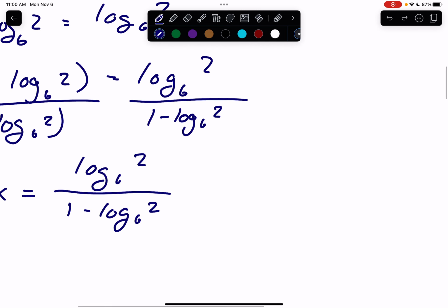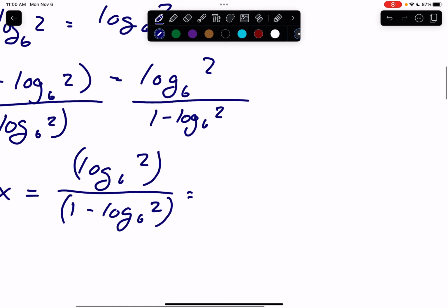So let's see how we could do this. You can always use the change of base formula, where you want to use ln's or logs. This formula sheet gives both.